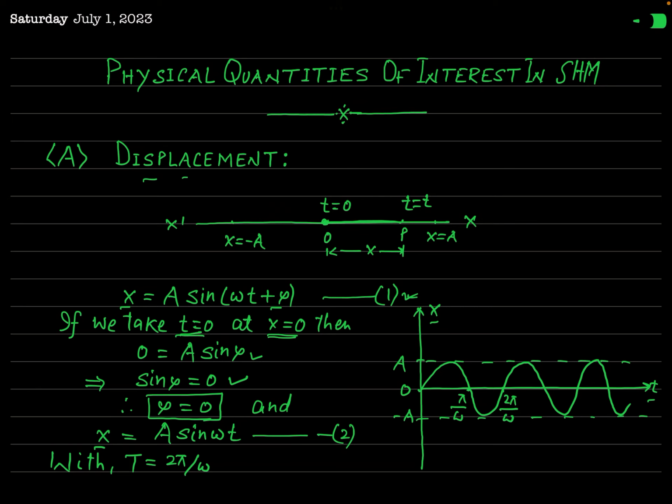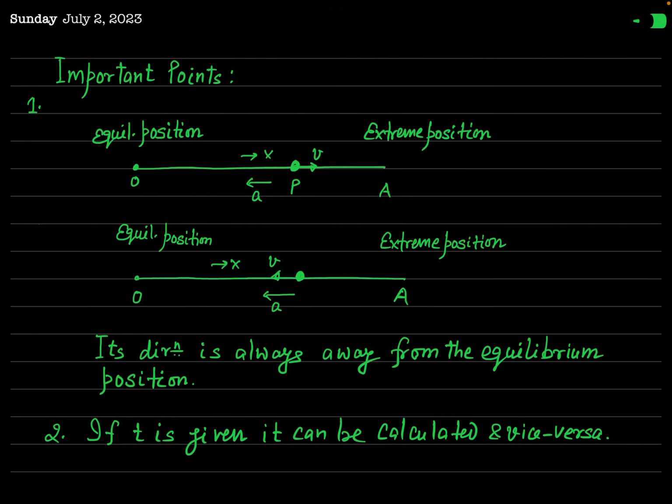In the half oscillation between time 0 to pi by omega, the displacement is positive, and between the time pi by omega and 2 pi by omega, it is negative. So displacement in this case may be both positive and negative. Okay. Now we will see some important facts regarding this displacement.